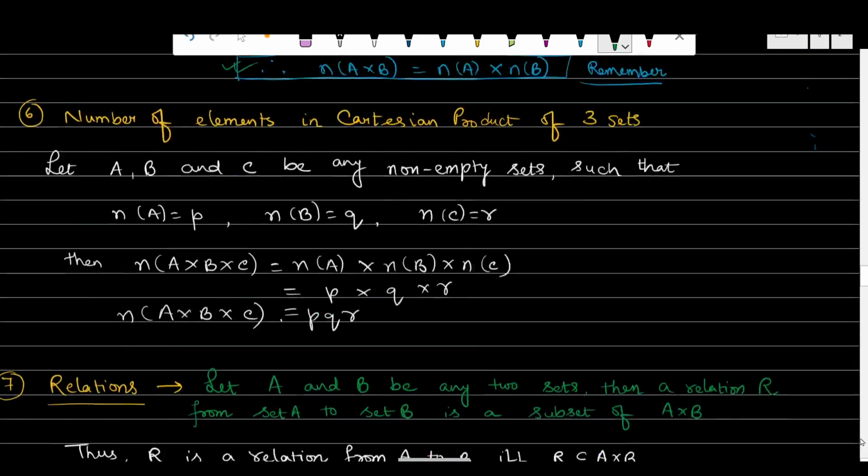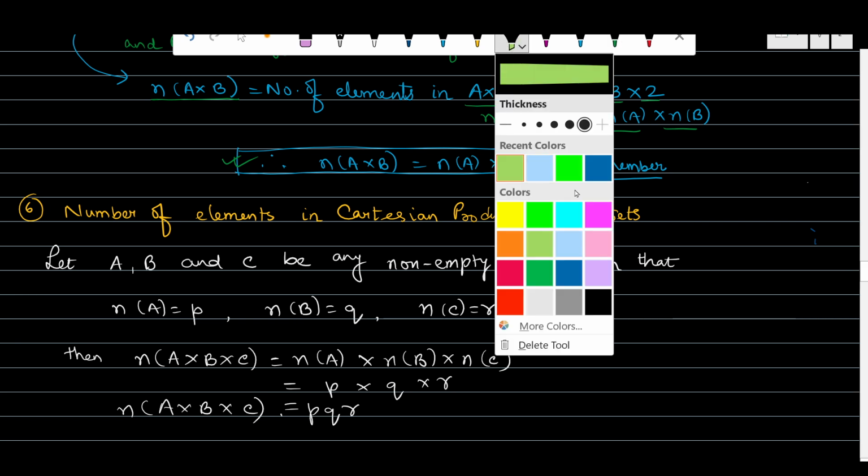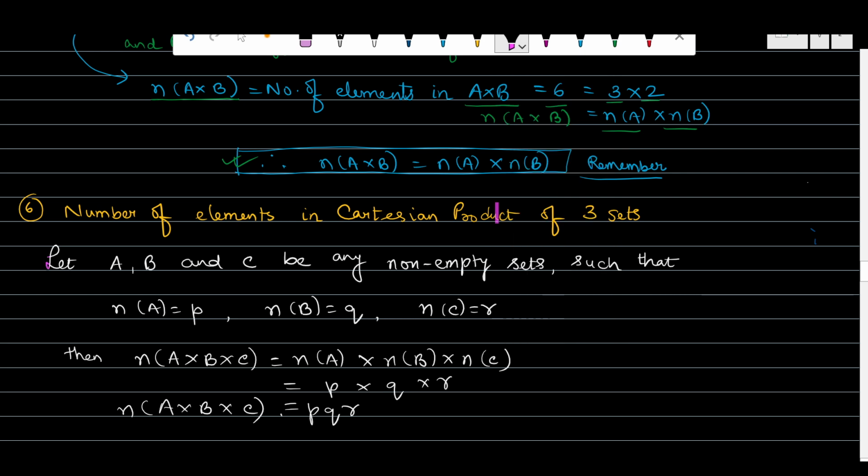Similarly, number of elements in the Cartesian product of three sets. So let A, B and C be any non-empty sets such that cardinality of A is p, cardinality of B is q and cardinality of C is r.